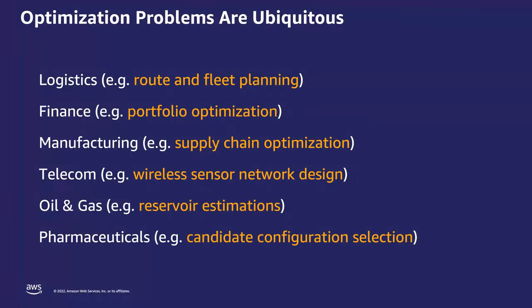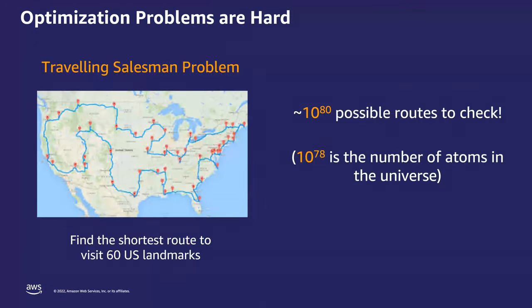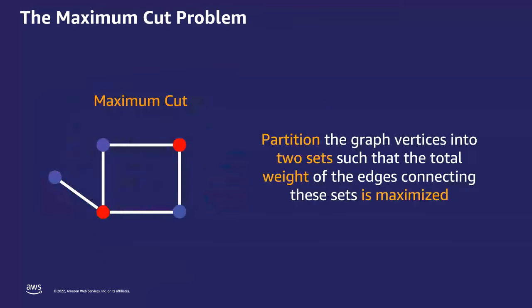So what we're going to do is look at max cut, and optimization problems in general are ubiquitous, right? They're found everywhere in lots of different industries and applications: logistics, finance, oil and gas, pharmaceuticals. Traveling salesperson is the canonical one.